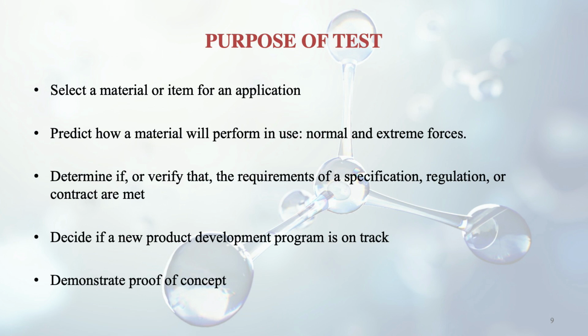And the final point is that we have to decide if a new product development program is on track or not. Furthermore, there are other purposes. Proof of concept: we are doing certain research, then we have to display the proof of concept, whether it is conceptually right or wrong. So one purpose of this test is also that.